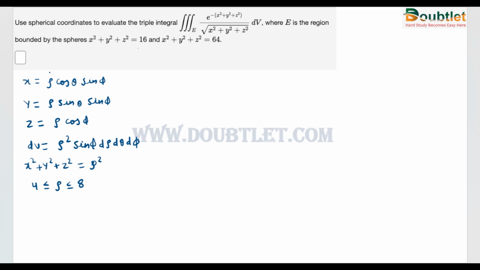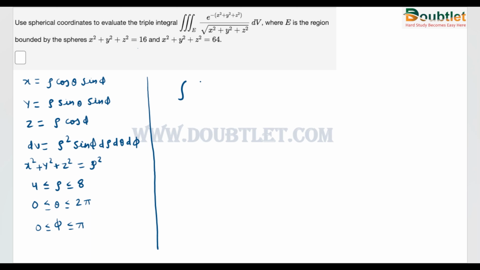Since these are both full spheres, theta varies from 0 to 2 pi and phi varies from 0 to pi, because this is the azimuthal angle.